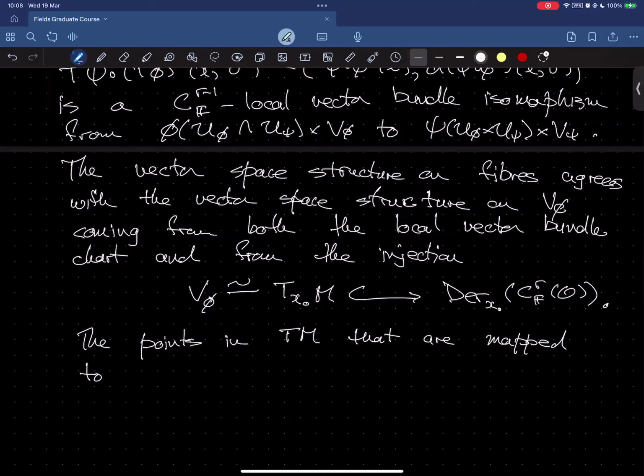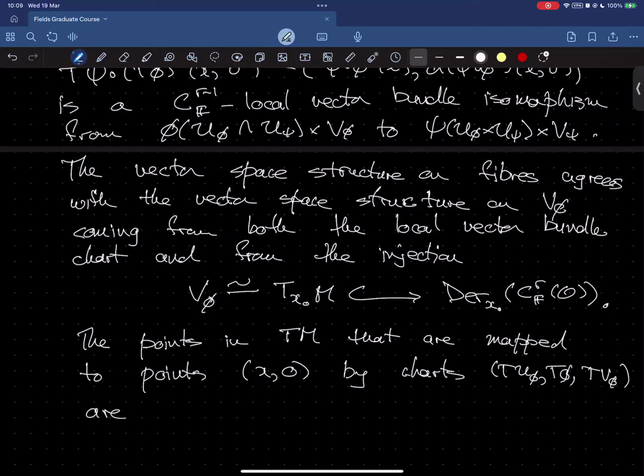So points in TM that are mapped to points (x0, 0) by charts T phi, from T U phi to T V phi, are exactly points for which.